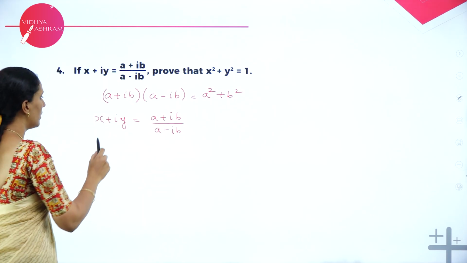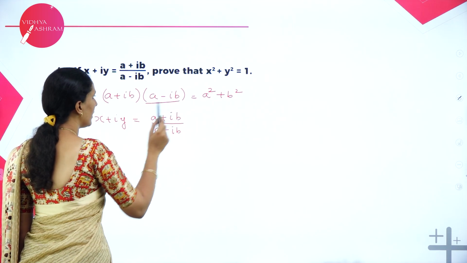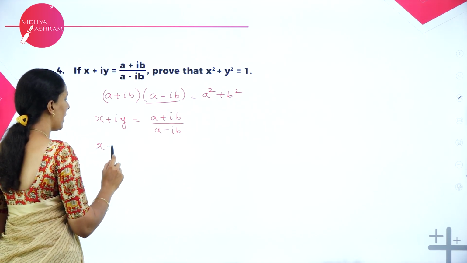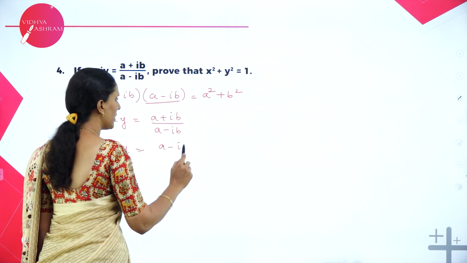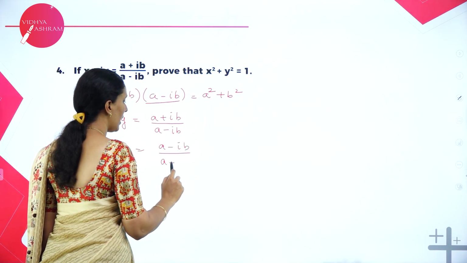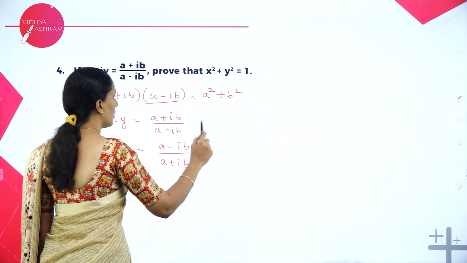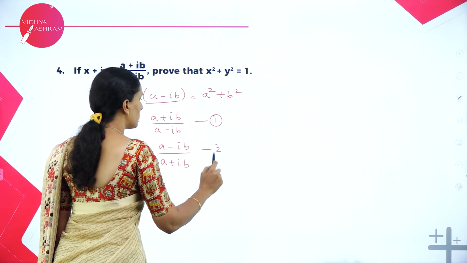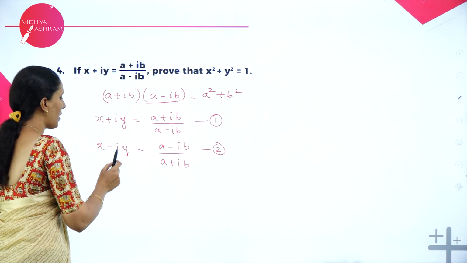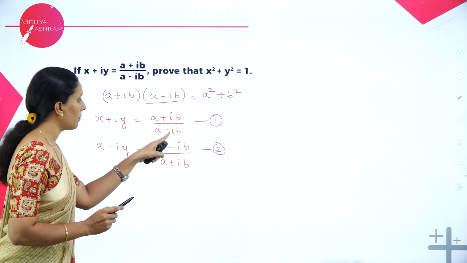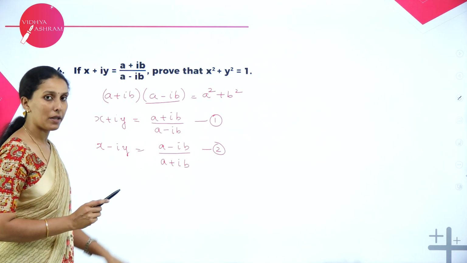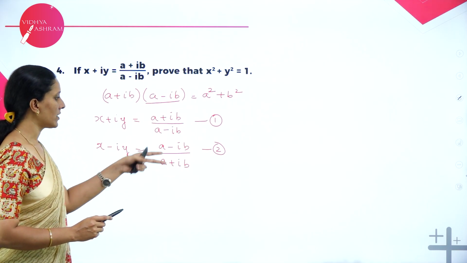So therefore, let me take another a minus ib here. When I take minus i here, the equation becomes a minus ib divided by a plus ib. Just from this equation, instead of i, replace minus i. If you replace minus i, minus into minus i becomes plus i. So interchange the signs here.